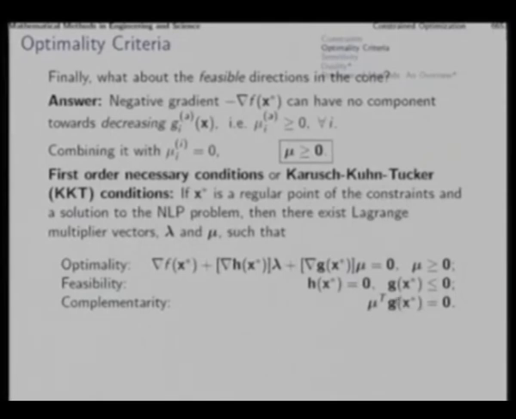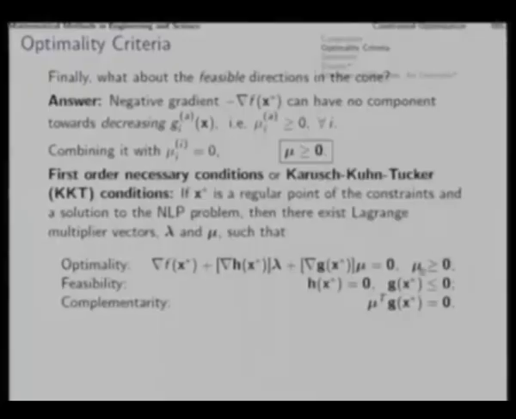Same number of unknowns you have: in x you have the number of unknowns which is equal to n, the dimension of the problem, and you have that many lambdas as many equations here, and you have that many mu's as many equations here. Okay. So, the number of equations and the number of unknowns x, lambda, mu is the same.